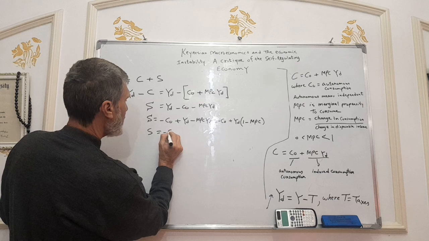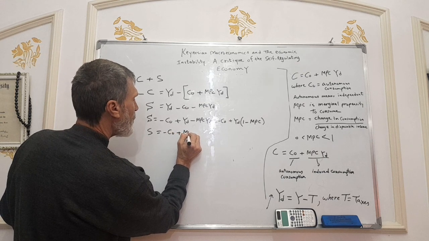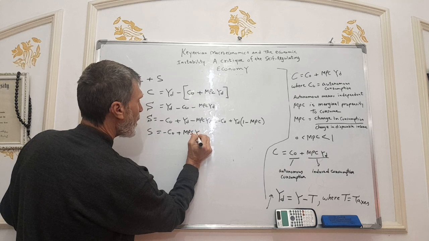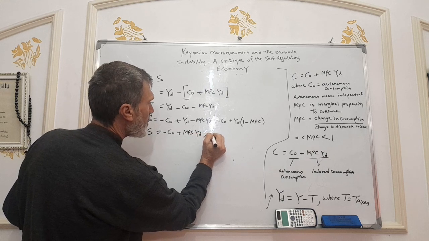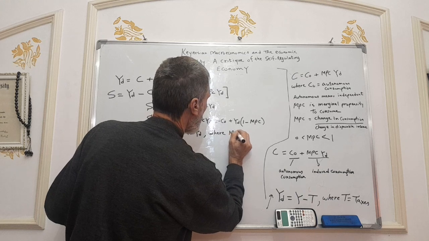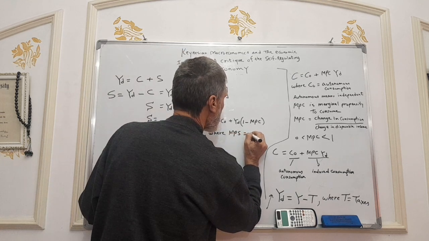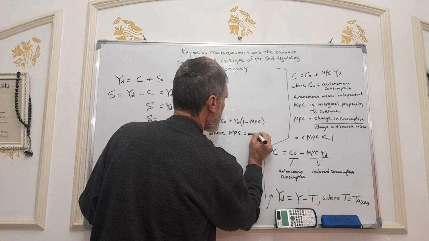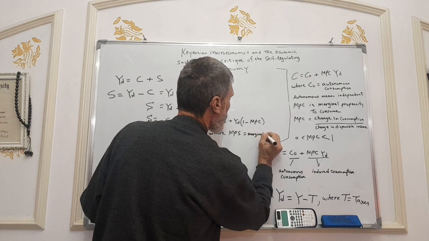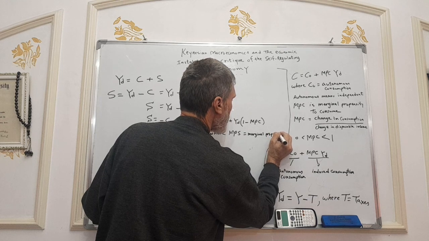So it becomes minus C0 plus MPS YD, where MPS is equal to marginal propensity to save.